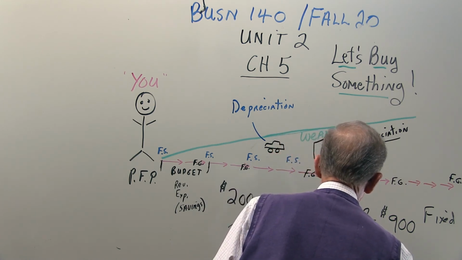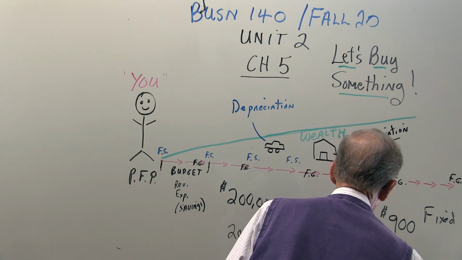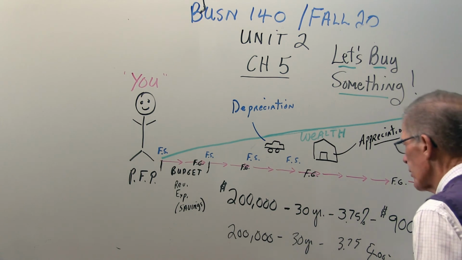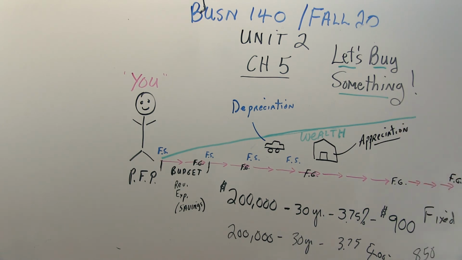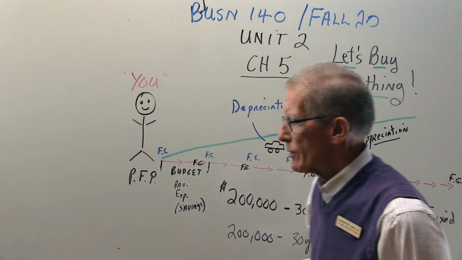The rate may change over time, which means my monthly payment may change over time as well. Okay. Now, here's the idea. Let me give you a couple of things.